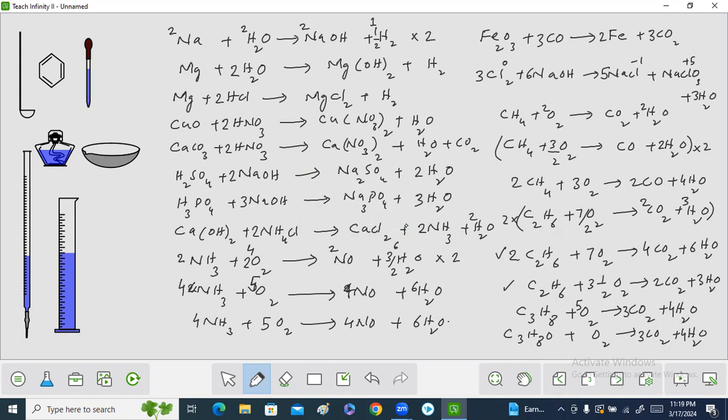So 1 plus how many oxygen is equal to 10? 9. So we have to make it 9 by 2, 4 and a half. So this is the balanced chemical equation. And if you multiply this whole equation by 2, you get the coefficient 2 here, and then 9 here, then 6 here, and then 8 here. So that will also be a balanced chemical equation.